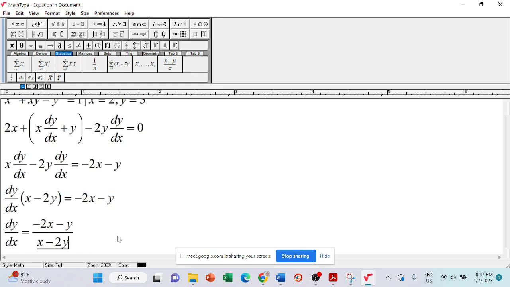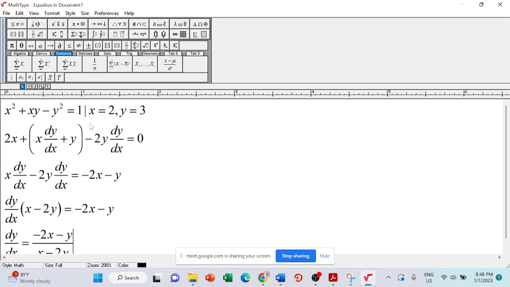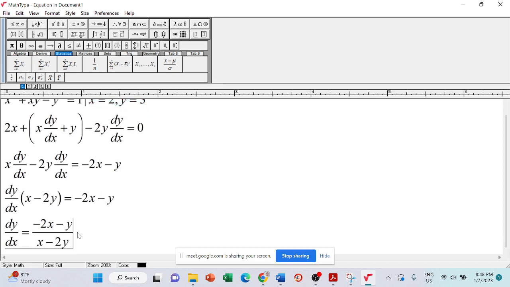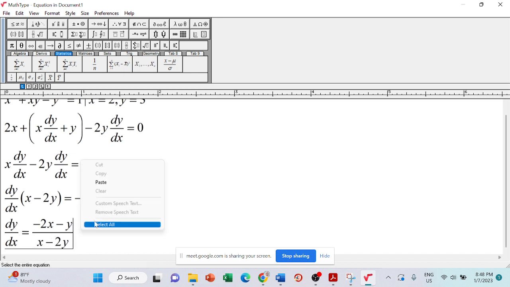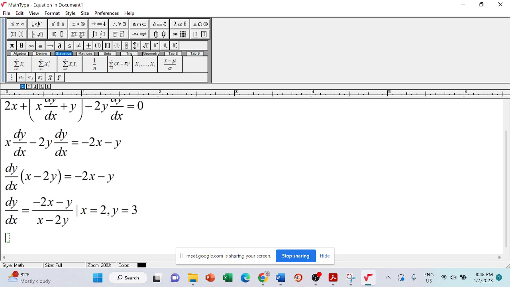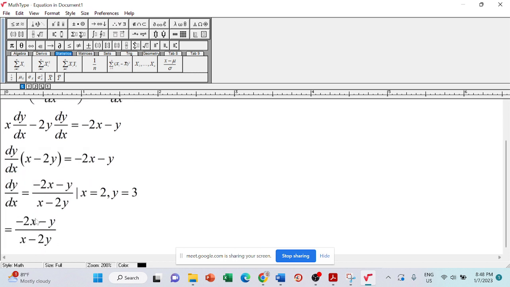So this dy/dx is the equation for the gradient. But we want to know its value, so here we substitute the values x = 2 and y = 3 into the gradient equation. Remember, this gradient is the gradient of the tangent line. You have to substitute: x changes to 2, y changes to 3.